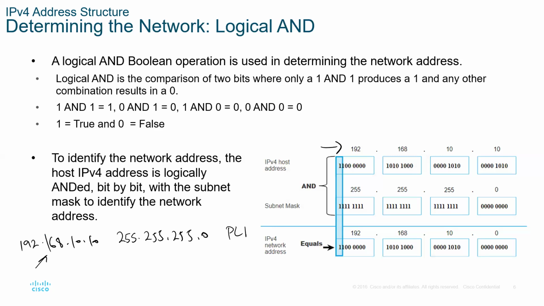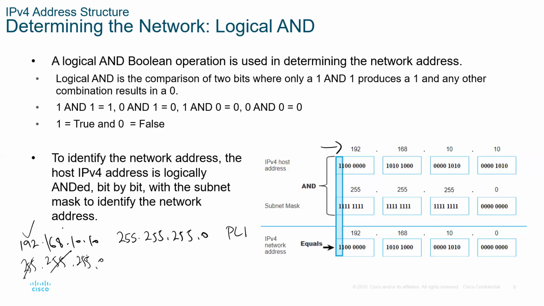How do I determine the network? To determine the network, you use the subnet mask. Where there are all ones, that portion remains the same. Where there are all zeros, that portion becomes zeros. So if I'm looking at 192.168.10.10 with 255.255.255.0, this portion has all ones, so it remains the same.